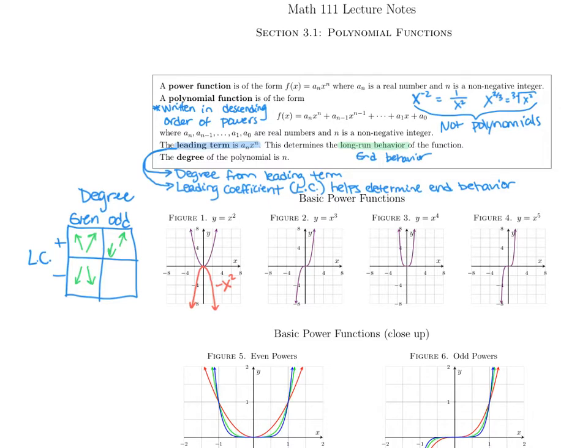So if it's an even degree and a negative leading coefficient, the ends will be facing down. And if it's an odd function, or let's say our cubic, and we reflect that over the x-axis, it's going to look something like this. So this is a negative x cubed, where the left side is facing up and the right side is facing down. So I'm hoping that you learned that at some point.